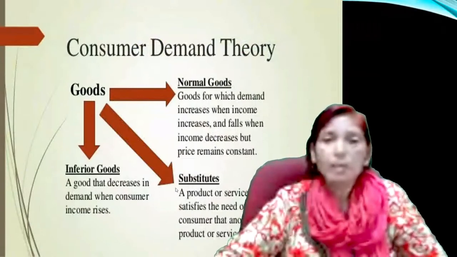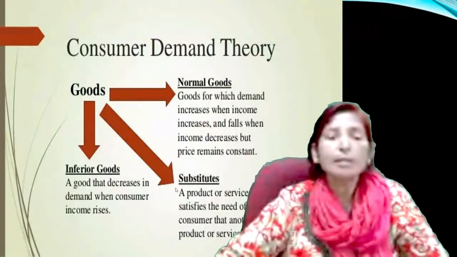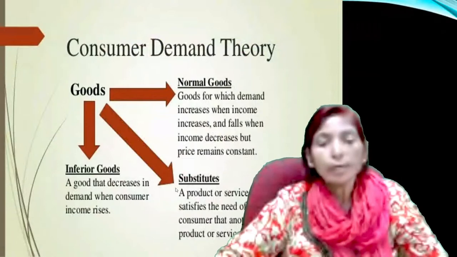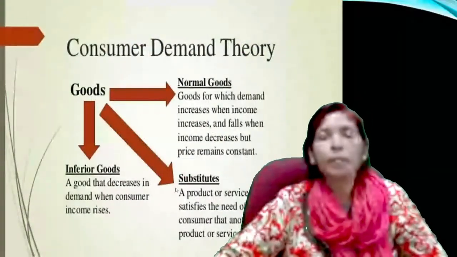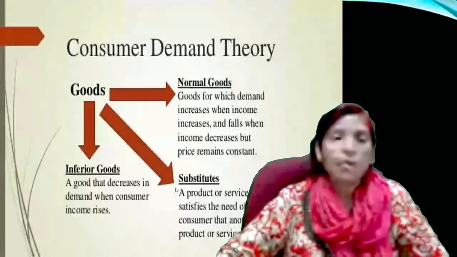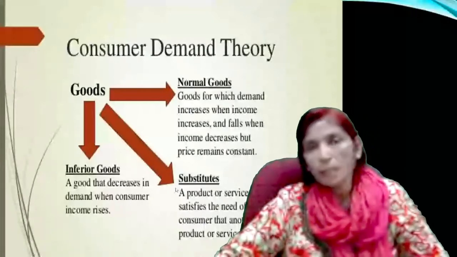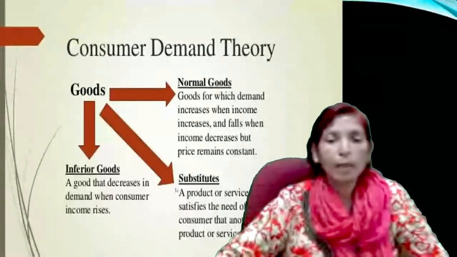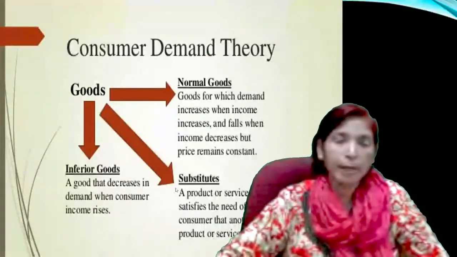But inferior goods show a negative or inverse relationship between income and demand. Inferior goods are lower quality products, and normal goods are normal products whose demand rises at higher income and falls at lower income. There is a direct and positive relationship between income and demand.